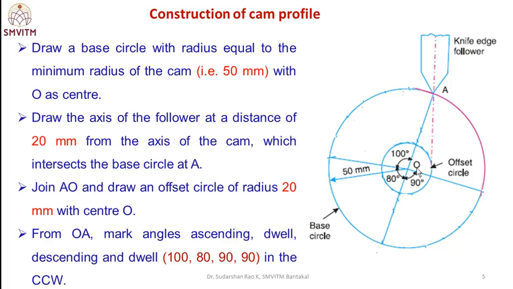The only difference is that you have to draw the offset line: from the center O, draw a vertical line at the offset distance, then join OA, then draw an offset circle.